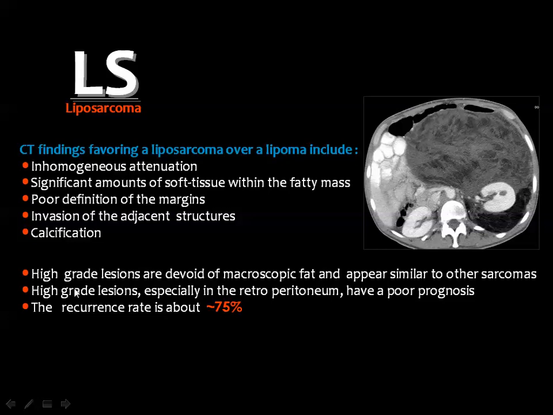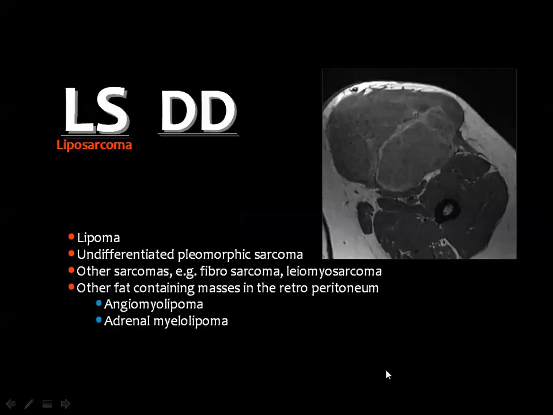Then high-grade lesions are devoid of fat. High-grade liposarcoma may not contain any fatty lesion on imaging at all, and it is exactly similar to other types of sarcomas. And high-grade lesions, especially in the retroperitoneum, have a very poor prognosis. The recurrence rate is about 70%.